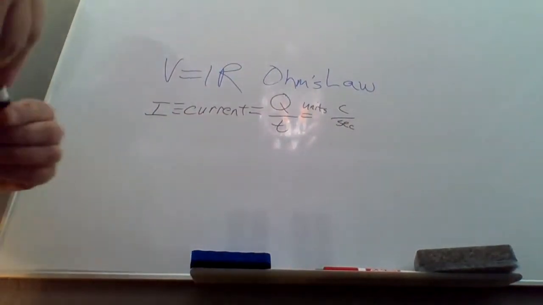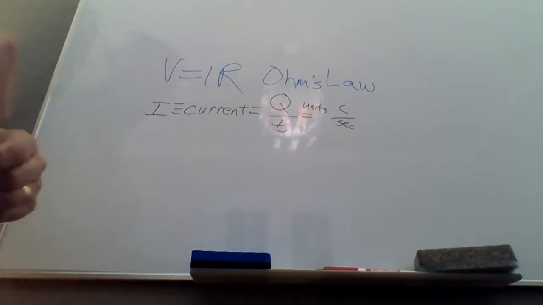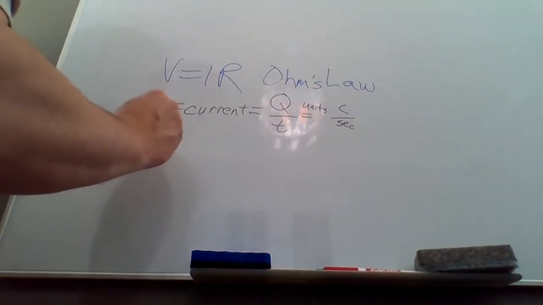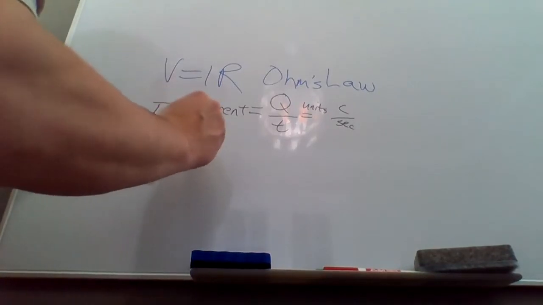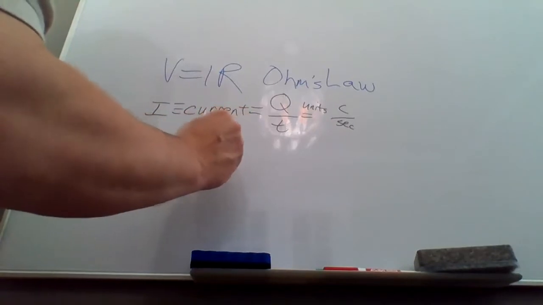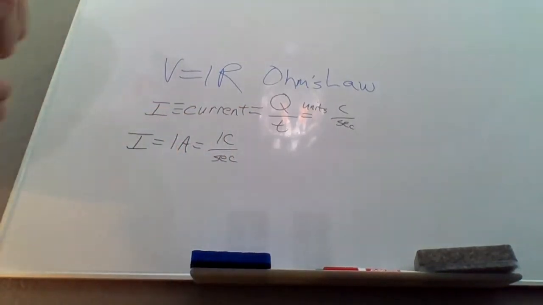So the question is how do I figure out the number of electrons that go through something? If I have a current of 1 amp, that's equal to 1 coulomb per second. Okay.